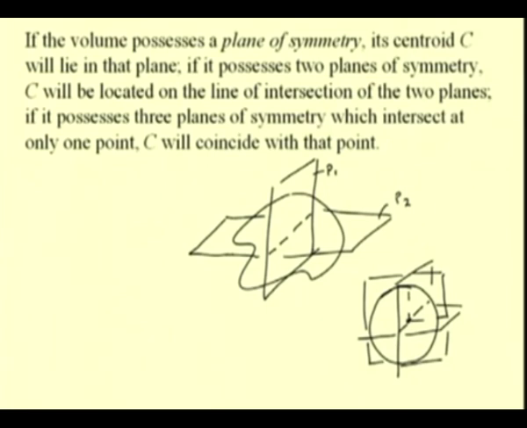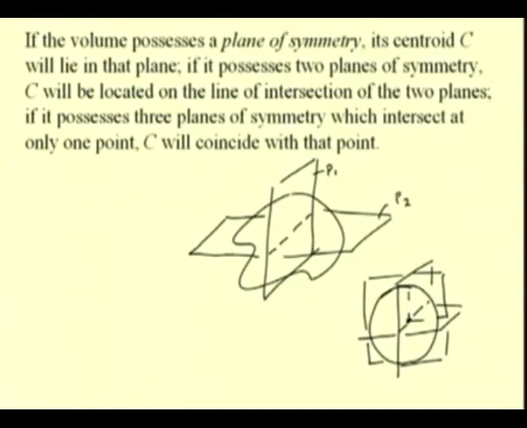So, if it is possible to find the planes of symmetry in the case of three-dimensional objects, then determination of centroids becomes easier, and we need to do only the required integration along the non-symmetrical direction.